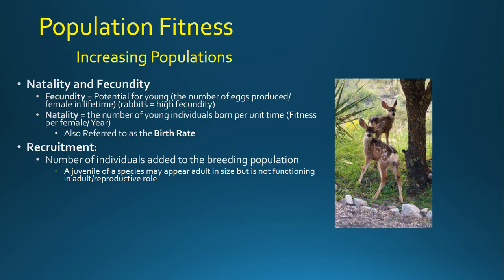So this is not the same as natality, because you can have quite a few individuals being born and none of them surviving to be added to the breeding population. So a juvenile of a species may appear adult in size, but if it is not yet functioning in a reproductive role, it has not yet been recruited to the population.